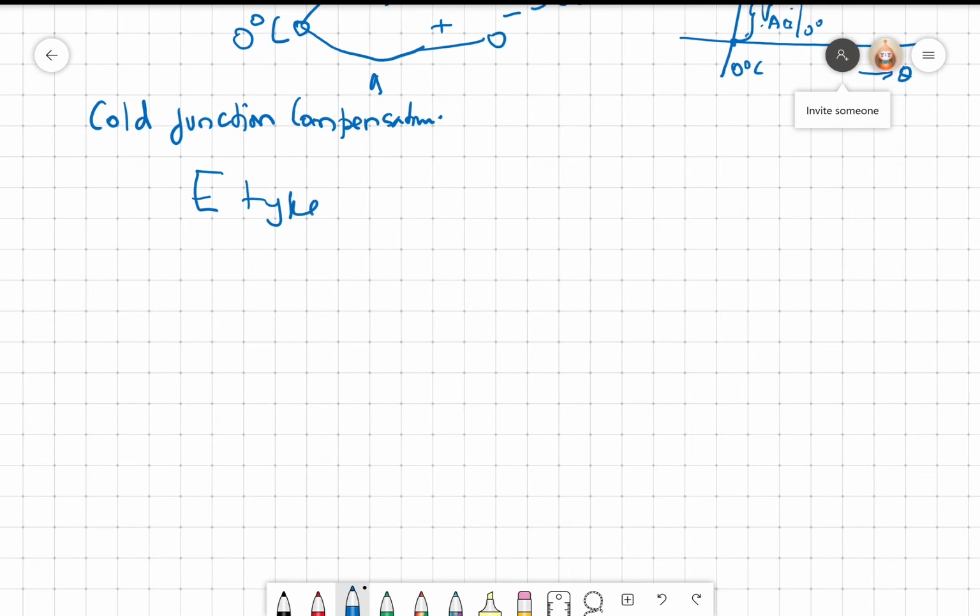The E-type thermocouple has a temperature range of minus 200 degrees centigrade to 900 degrees centigrade, and the metal is nickel chromium versus nickel aluminum. This is called chromel, this is alumel.